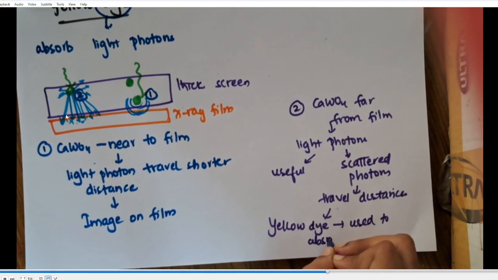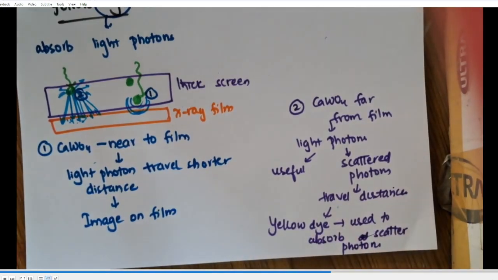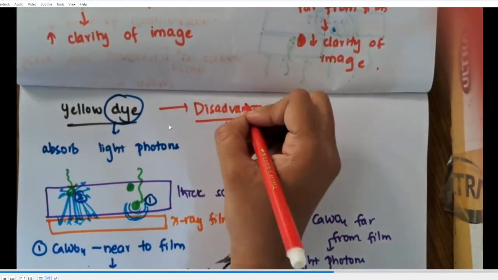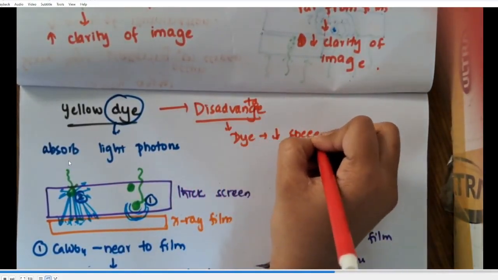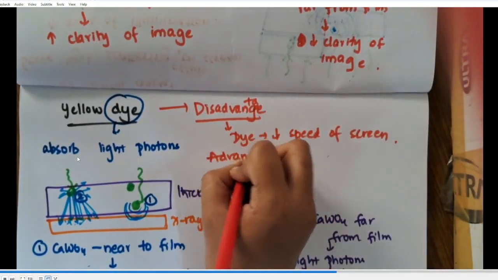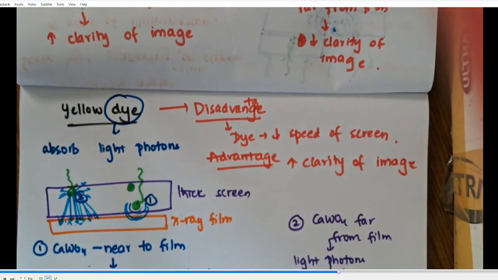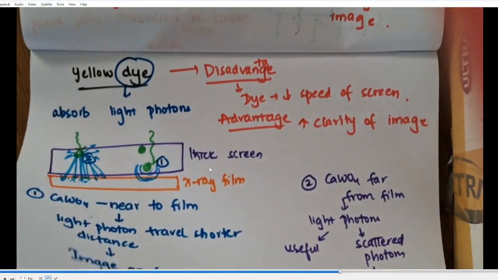These scattered photons will travel some distance in the thick screen, and these scattered photons are absorbed by the yellow dye. The main disadvantage of this yellow dye is that it will decrease the speed of the screen, whereas the advantage of the yellow dye is that it produces greater detailed images, or it causes increased clarity of the image.